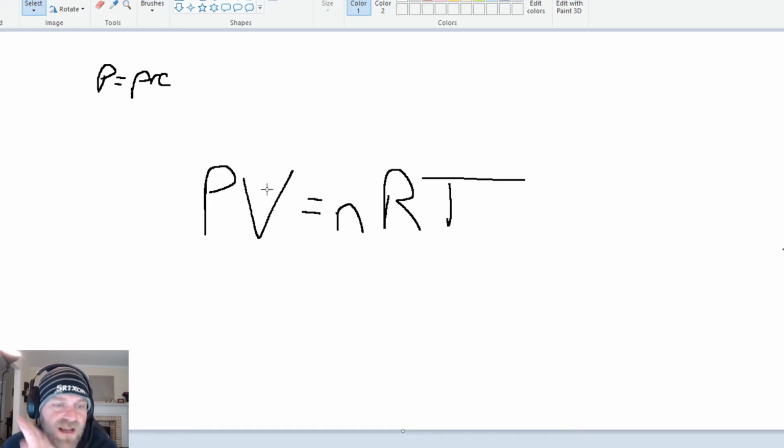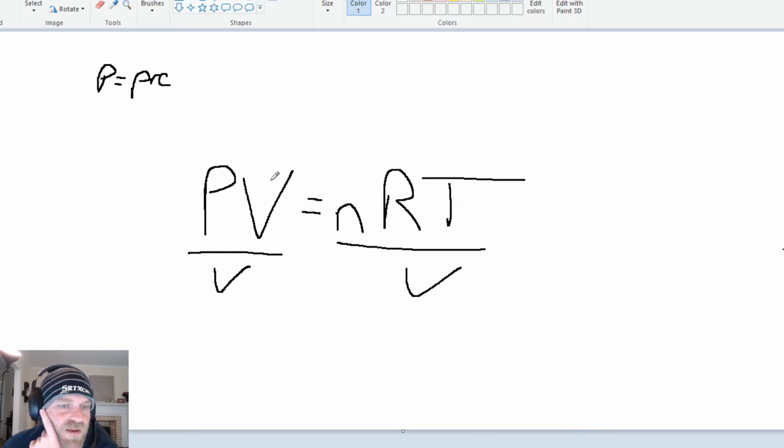Let's say that I want to solve for just pressure. All right, how would I do that? I need to divide both sides by volume. Volume cancels.